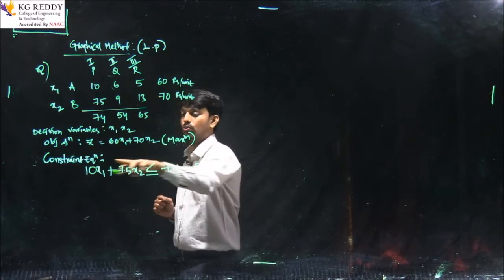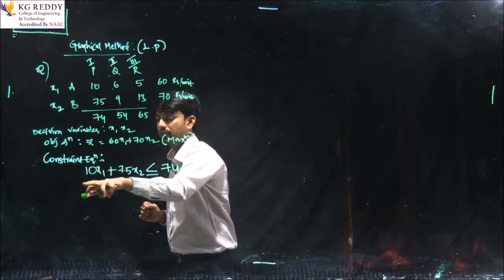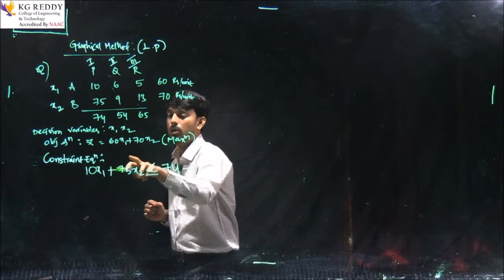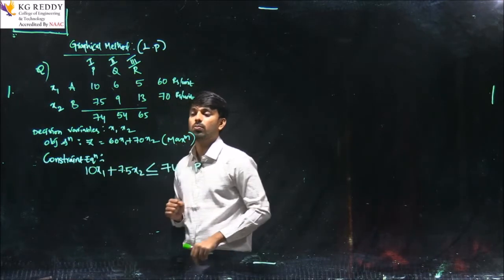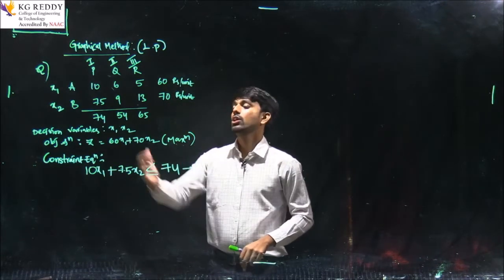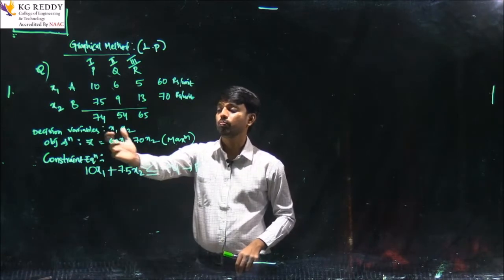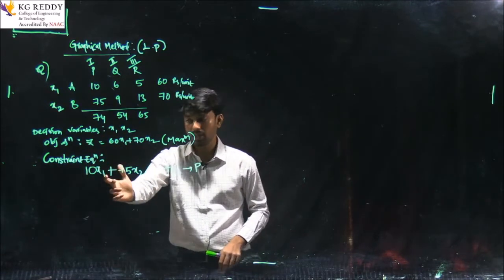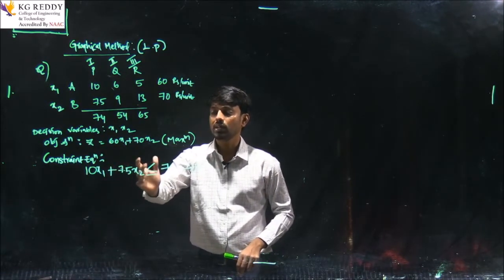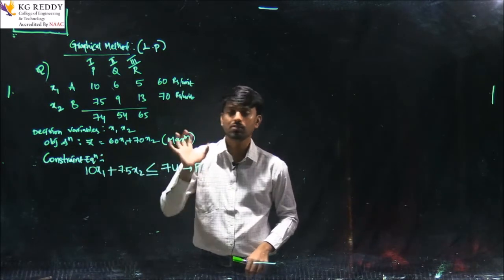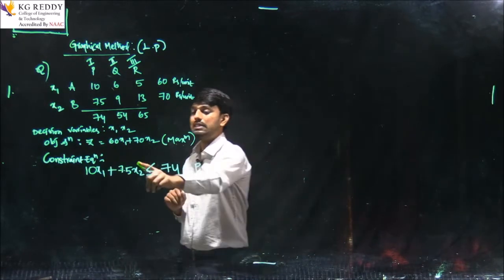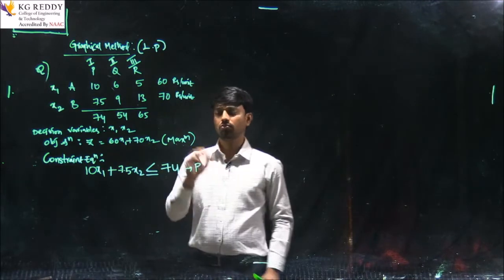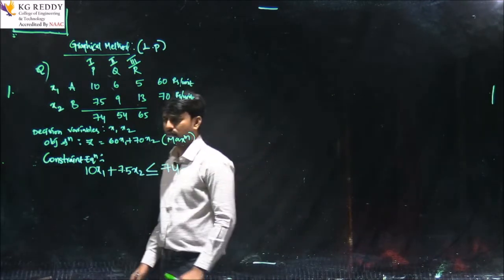Product A takes 10 into x1 hours, product B takes 7.5 into x2 hours. The total time taken by machine P is 10x1 plus 7.5x2, and this cannot exceed 74 hours. Writing this equation is very important; if you can write it, the rest are similar in nature.